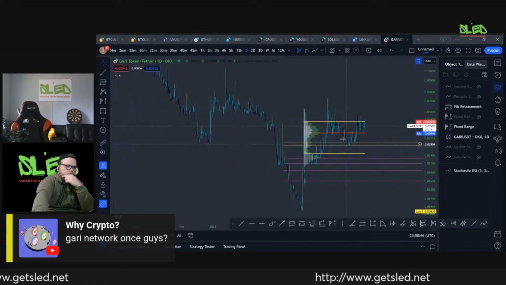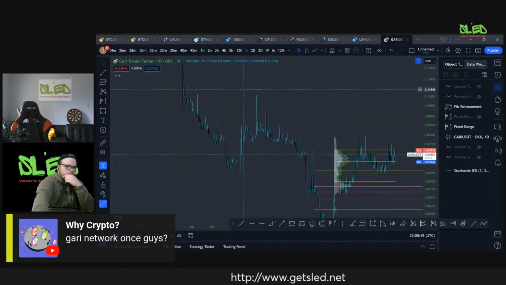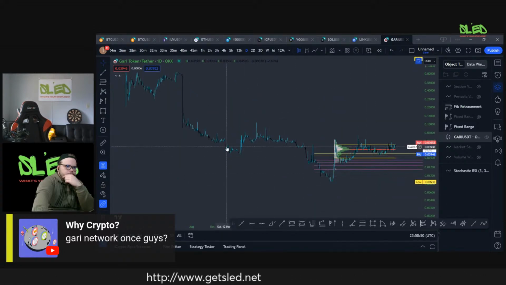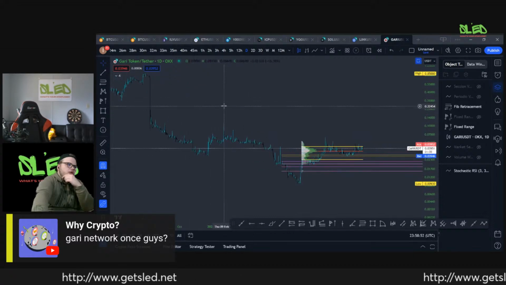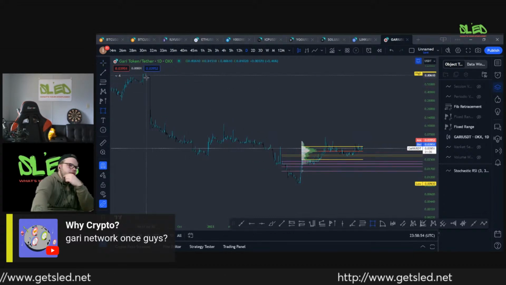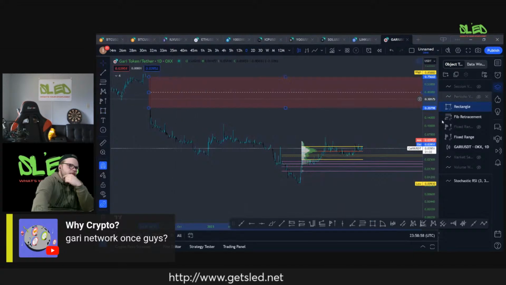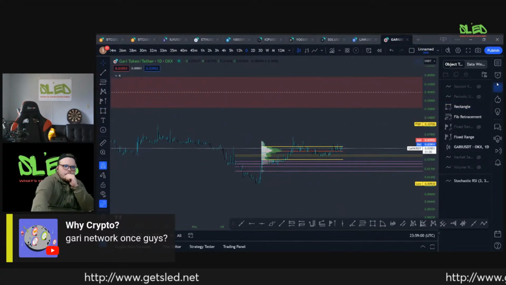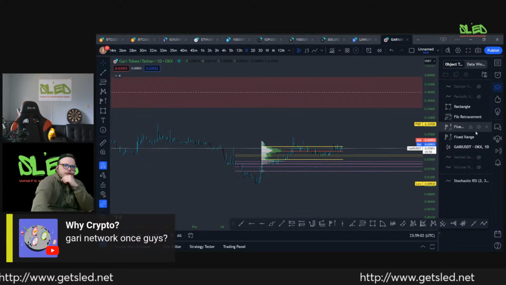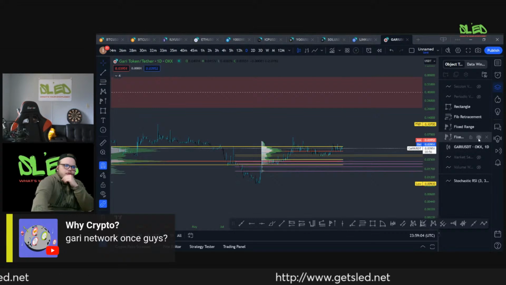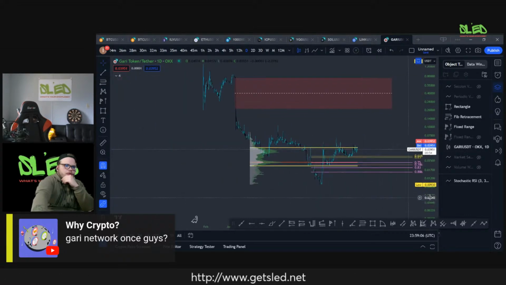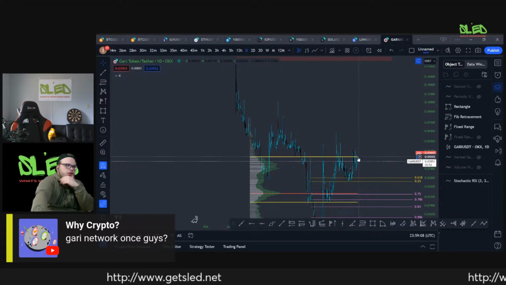It's kind of hard to say right now, but we're breaking something. To make it quick and simple to understand, we had this volume profile.